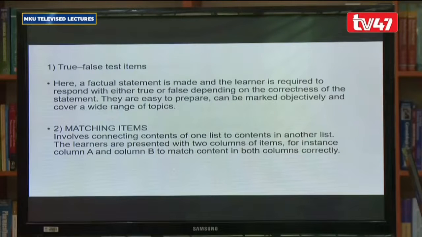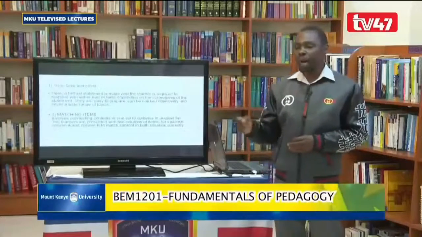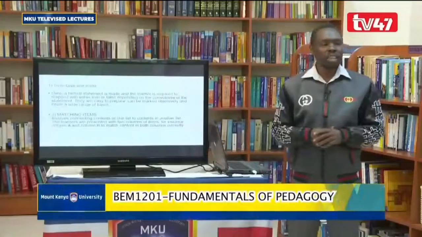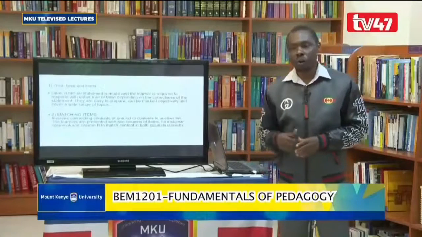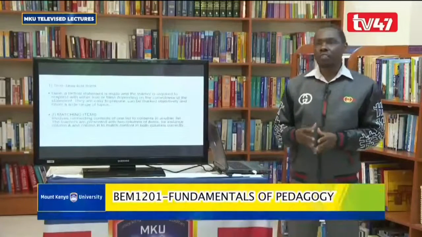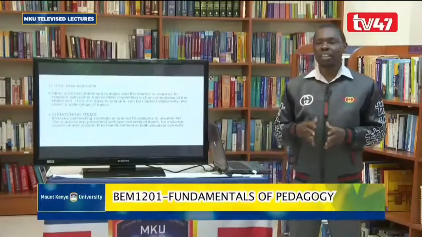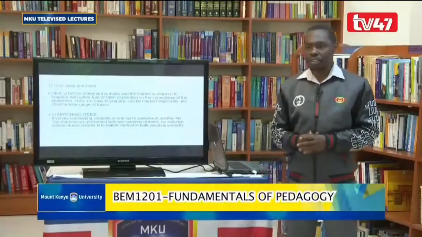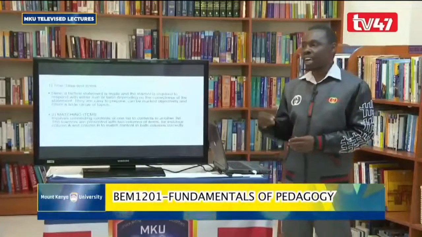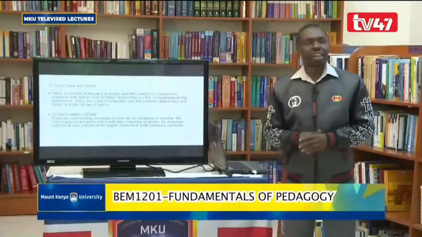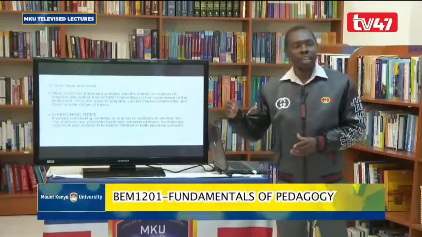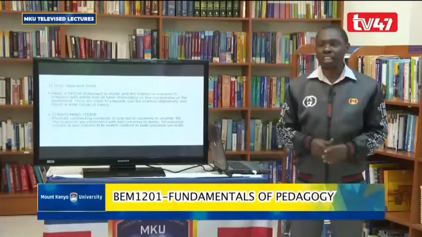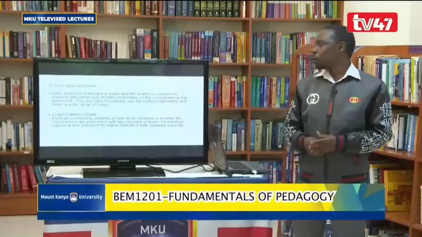In this case, if the learner is able to match the correct answer with the statement that has been asked, then the learner is said to have scored. For example, if a learner has been given 20 items, and there are 20 different answers on the other side, then the learner is supposed to match all the 20 answers with their correct statements in order to score for each.